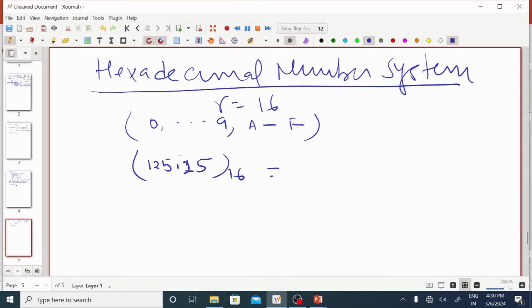So how do we obtain an equivalent number in decimal number system? We will follow the same formula, where the base is 10, to find an equivalent number in decimal.